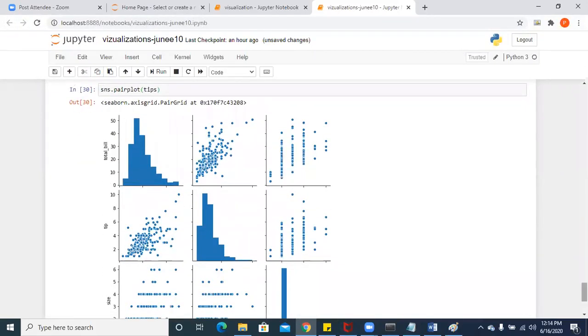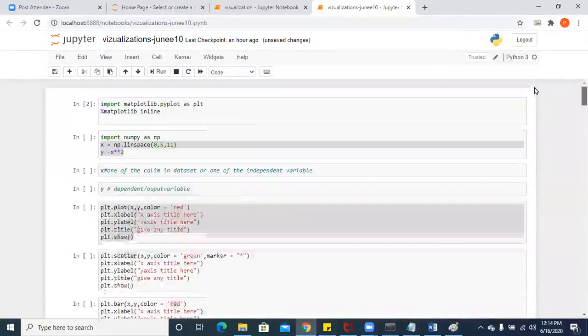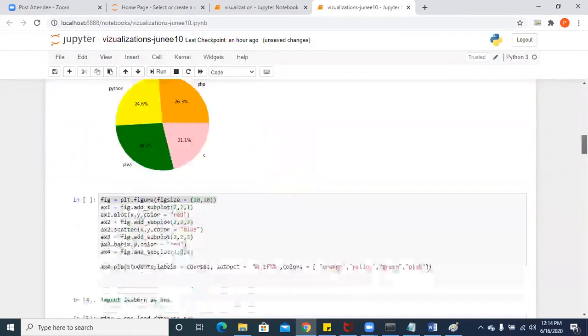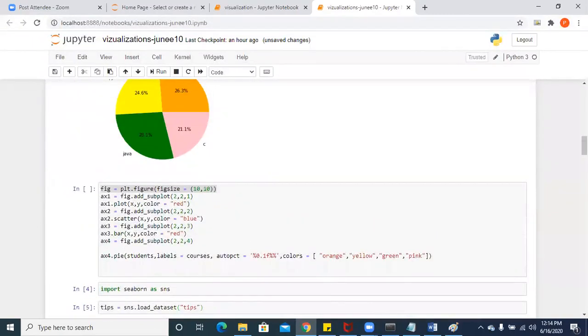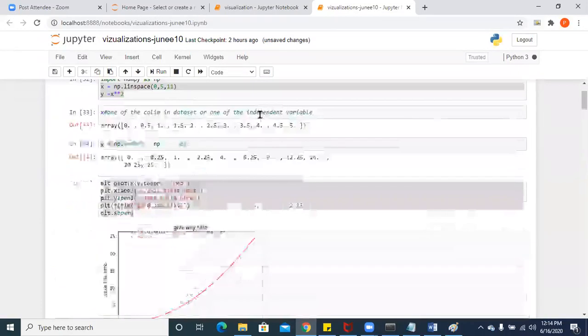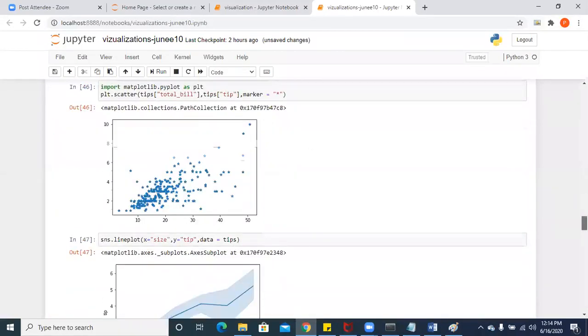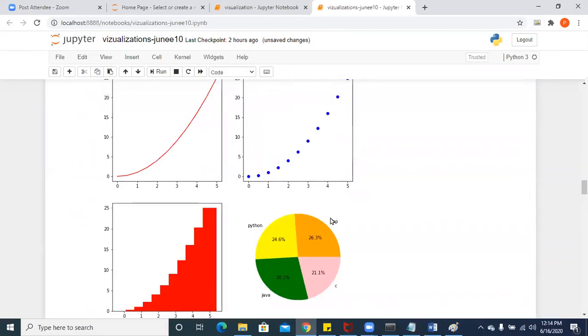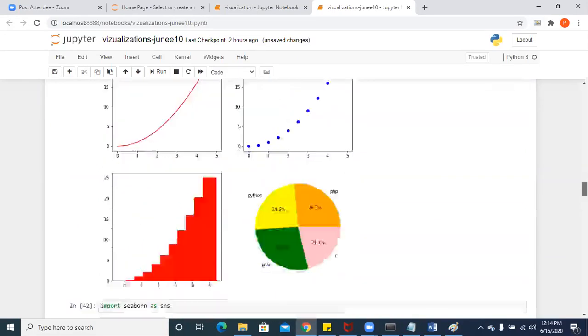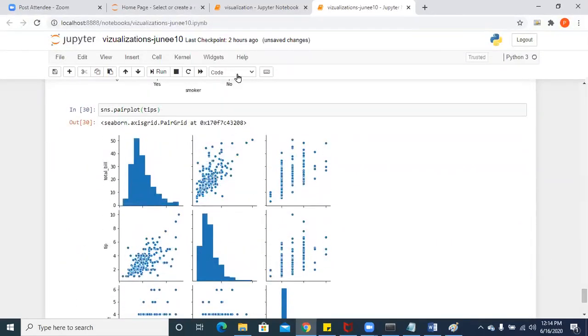So we have plotted different plots, right? In matplotlib, we have used subplots and plotted the graphs. Do you remember, just now? So all the plots are plotted in the same figure. By using pair plot, you can plot the graphs between each and every feature and see the relation.